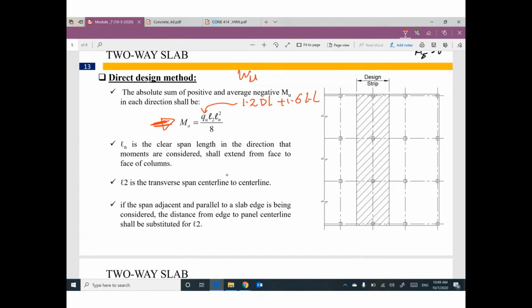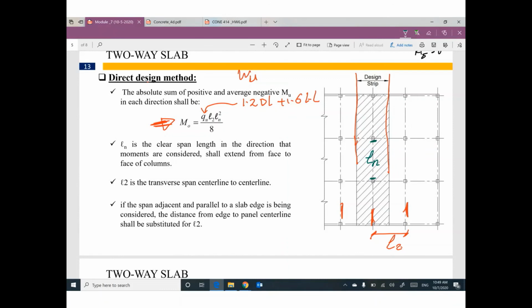L2, if you are talking about this direction, which is Y, L2 is the perpendicular direction, from center line to center line of columns. Ln is the clear distance between this face of column and this face of column.